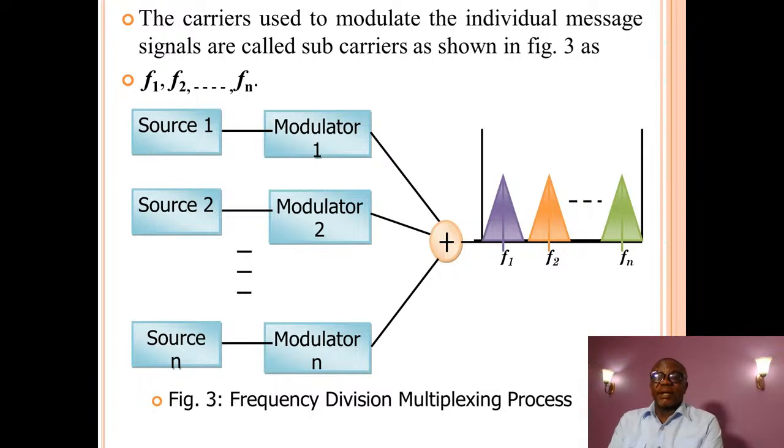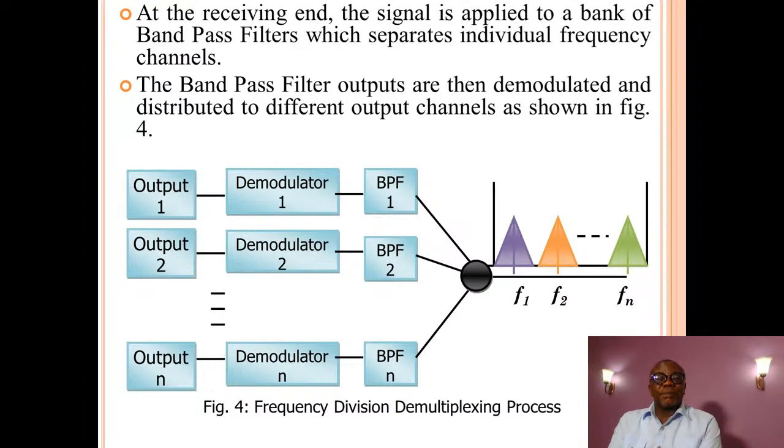So when they are pushed to the channel from the multiplexer, what happens? At the receiving end, the signal is applied to a bank of band pass filters, which separates individual frequency channels. The band pass filter outputs are then demodulated and distributed to different output channels, as shown in figure 4.